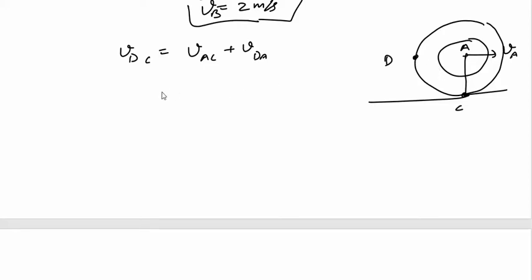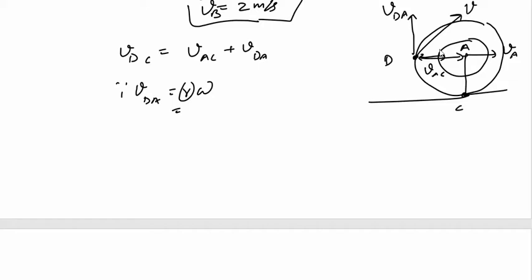So since we know V is equal to R omega, VDA is equal to R omega. We know the value of R. Velocity of VDA will be this, and VA we know, VA with respect to C. Then VD we will get as the summation of both the vectors. So R is 0.15 and omega is 8, this is 1.2 meter per second.